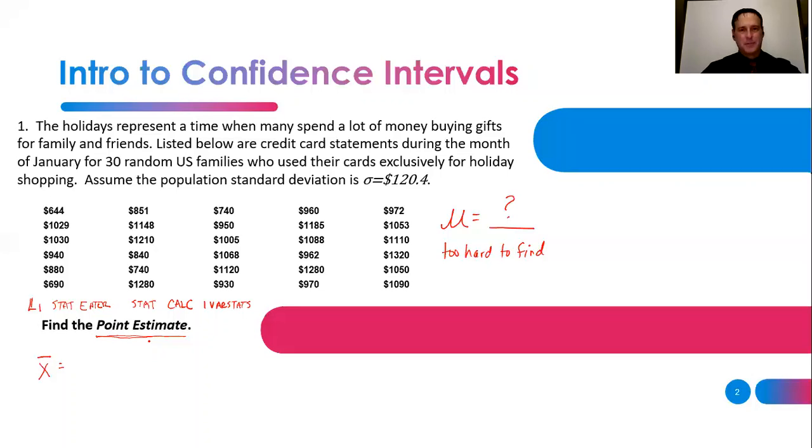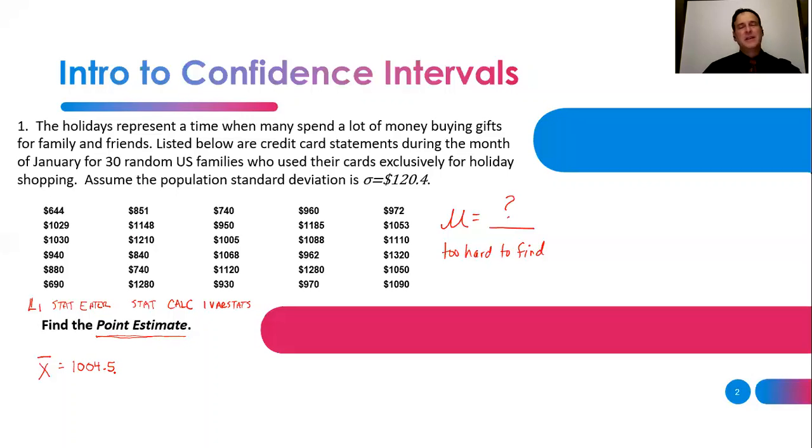If you take a moment, plug all those in your L1, and actually follow through with this command, I will just tell you that you get 1004.5. That is the mean of these 30 credit card statements, and so that's what your point estimate is.